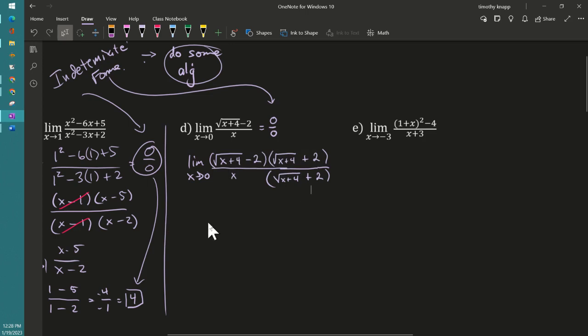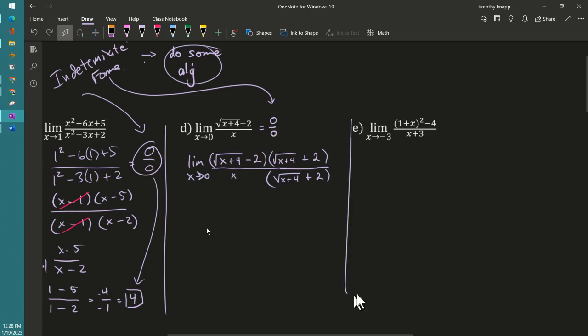And the new thing that I get will very nicely cancel with my problematic x down here. Because notice this x is the one that's causing the problem, because as I approach 0, that's the one causing the 0 in the denominator, which I don't want to have happen, okay?